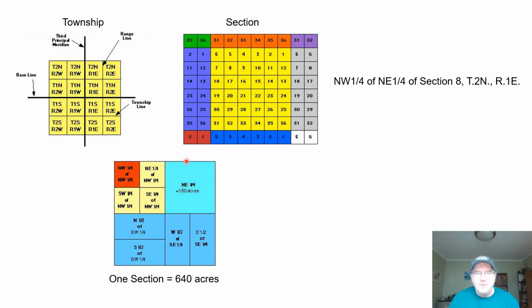So to step backwards, then in this picture of the township, the northwest 1/4 of the northeast 1/4 of section 8, township 2 north, range 1 east would be right about here. On this, if this is section 8, and of course we're going to have many sections throughout the country. So this is a way of specifying areas.